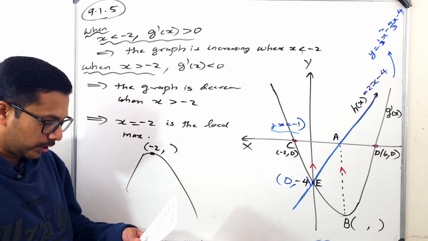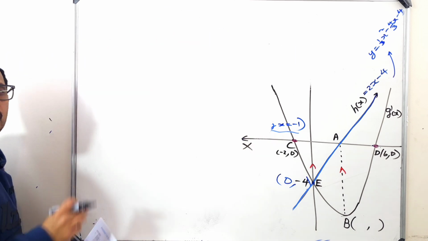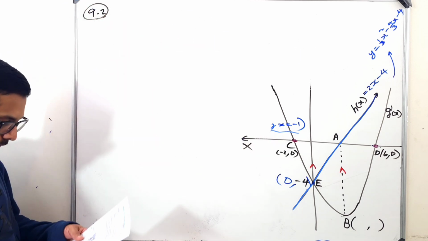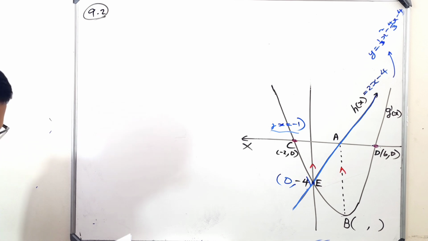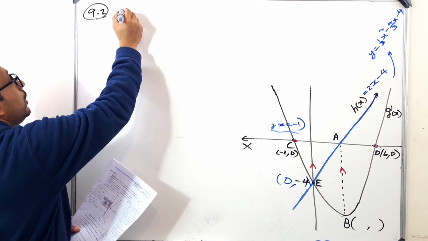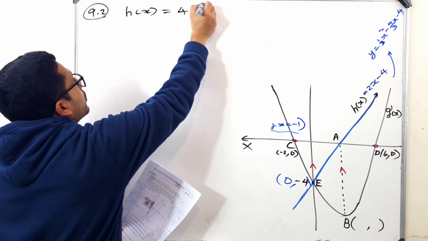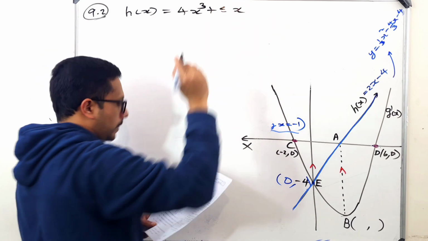Now let's move to the next question, number 9.2. What is that question? Given h of x is equal to 4x cube plus 5x.